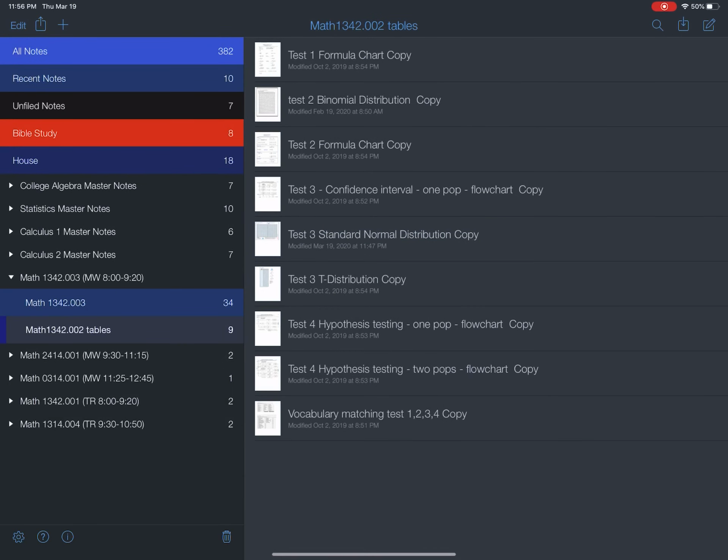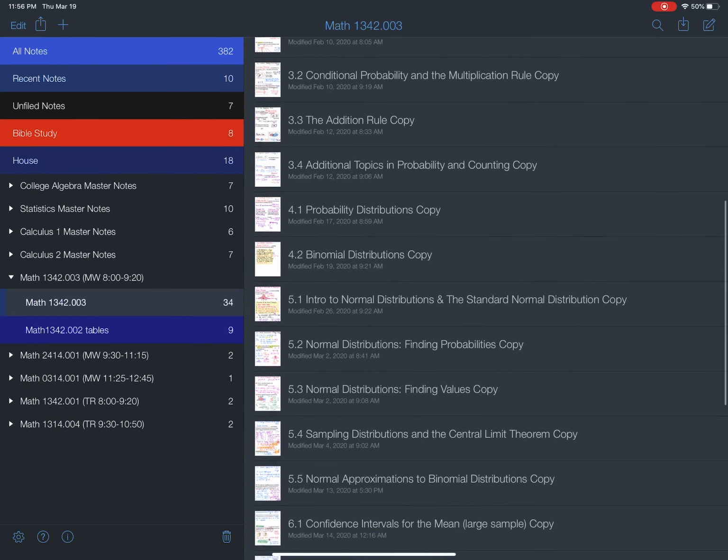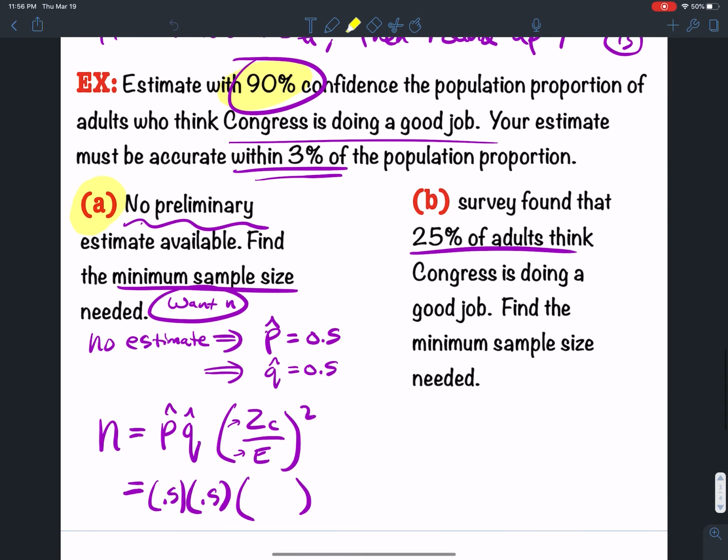So z_c is 1.645. Now there's only one number left, and that's E, and that's accurate to within 3%. 3% in decimal form is 0.03.